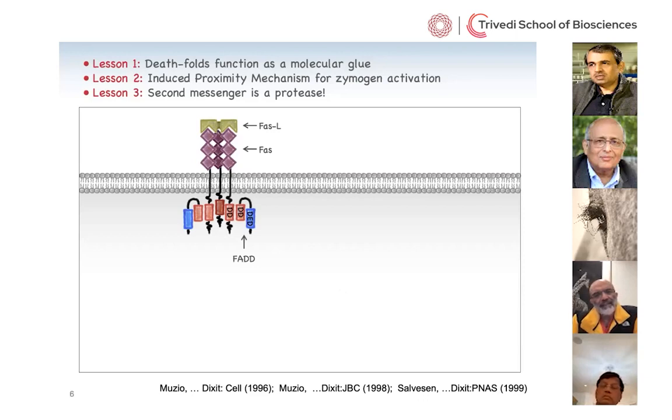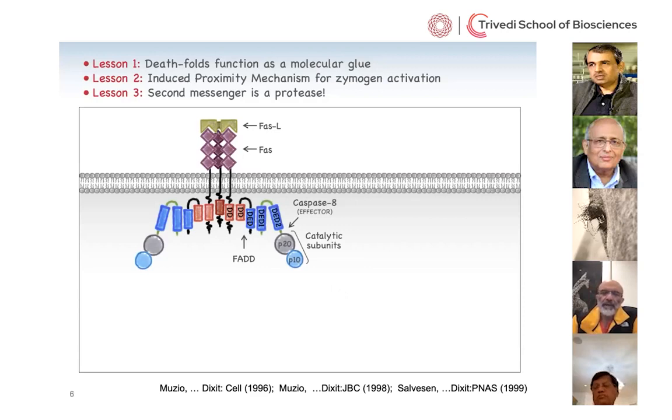So it allowed for the recruitment of an adaptor molecule that we termed FADD through a death domain homotypic interaction. Quite surprisingly, FADD had a second death fold that we call the death effector domain. And this death effector domain, even more remarkably, was found in the zymogen form or inactive form of a death protease that is now known as caspase 8.